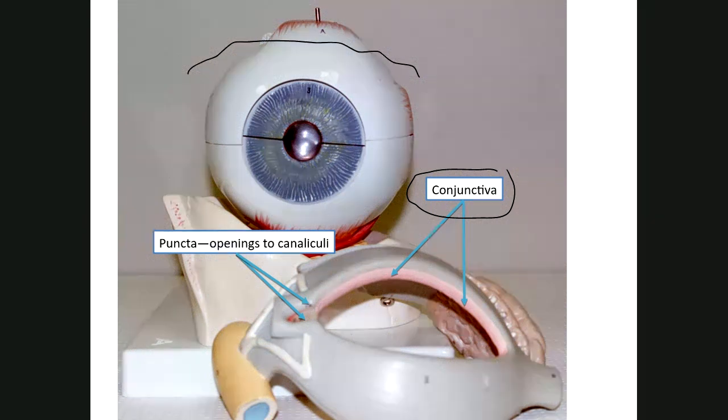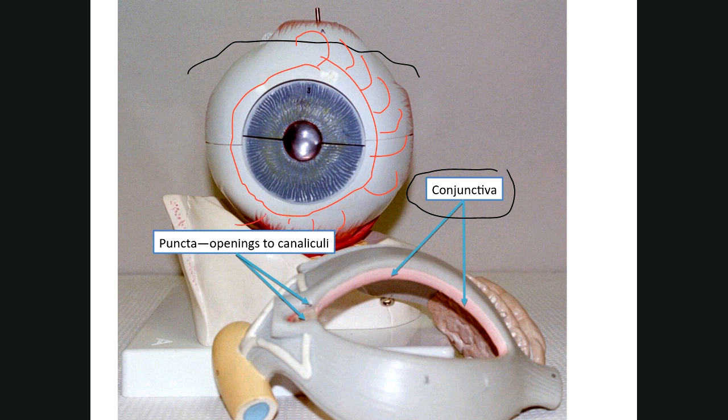It covers the inside of your eyelid, and then it comes down and attaches to your eyeball, like in a circle, like this, all the way around. And so there's a membrane that lines the eyelid and attaches to the eyeball.